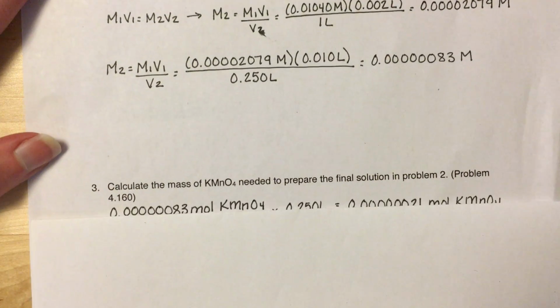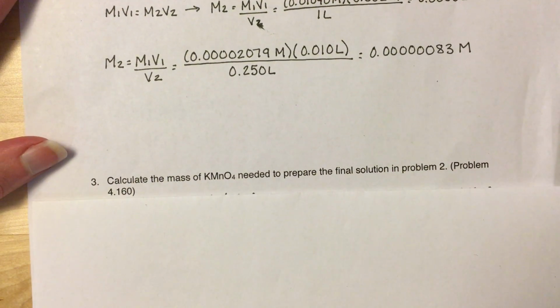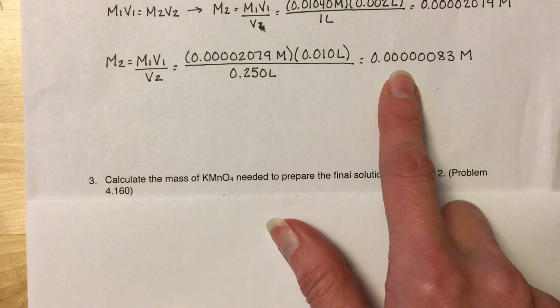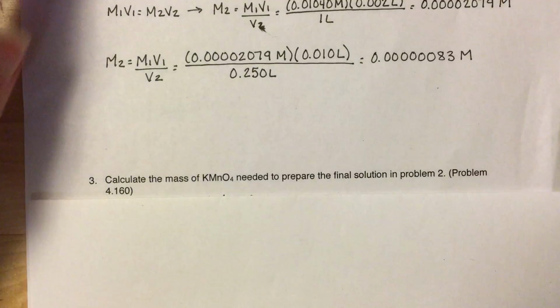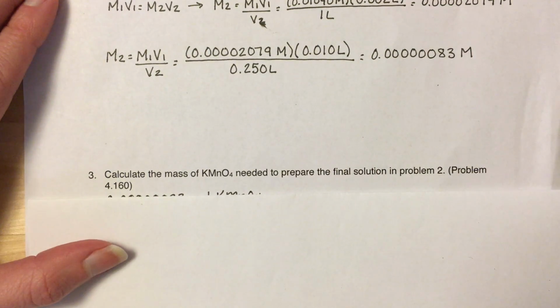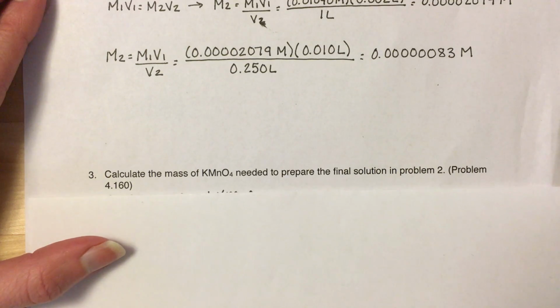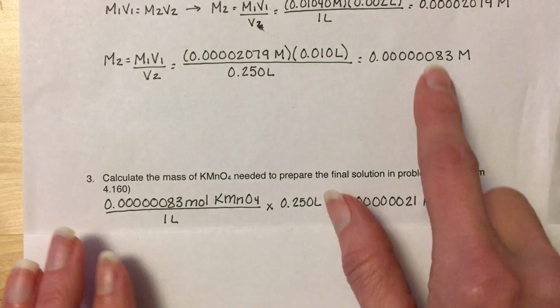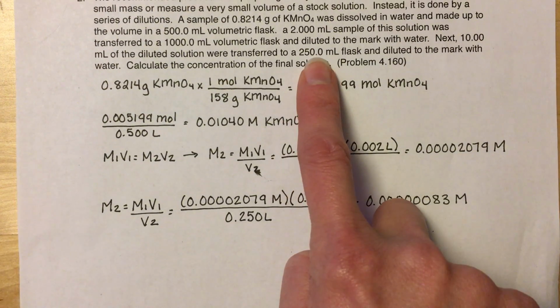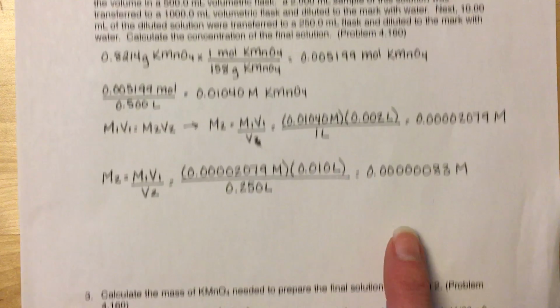In the next problem, it asks you to actually calculate the mass of potassium permanganate that you would need to prepare this final solution, just sort of to illustrate to you why we would make the solution by dilution instead of weighing it all out. And so we're going to take this molarity that we calculated, and remember that we made 250 milliliters of that solution.